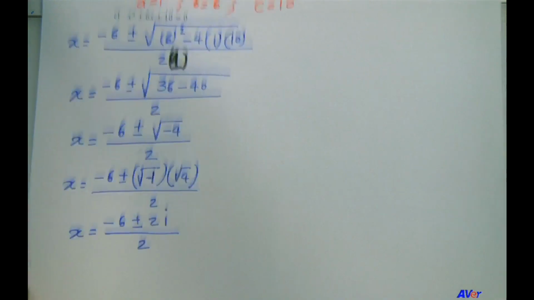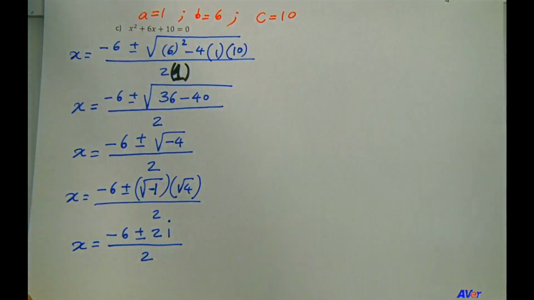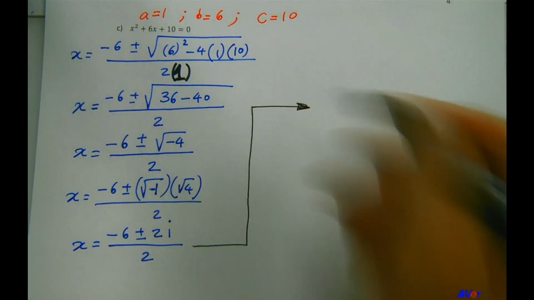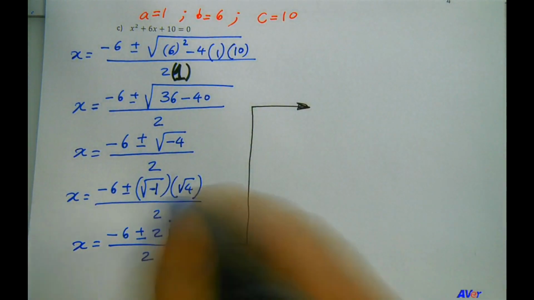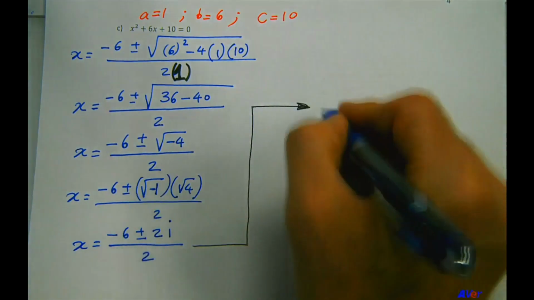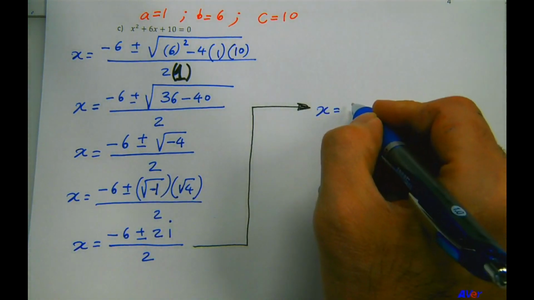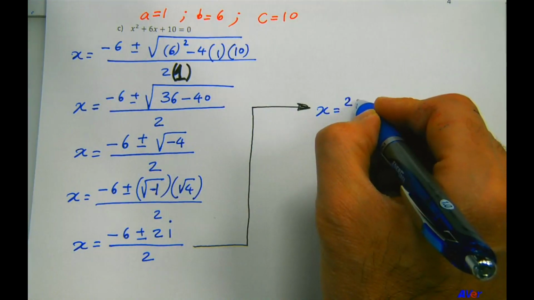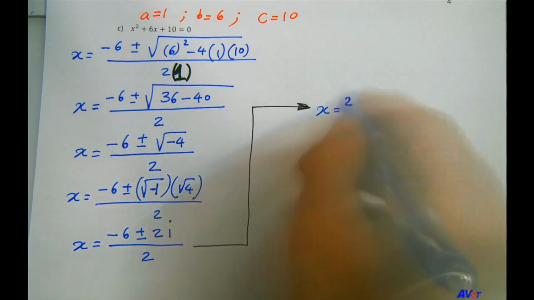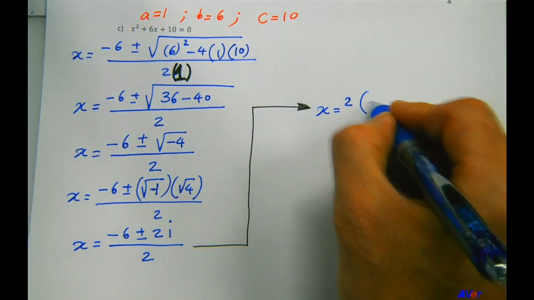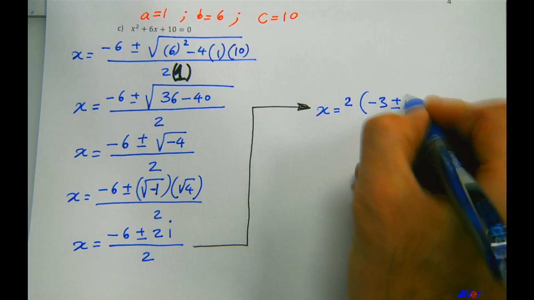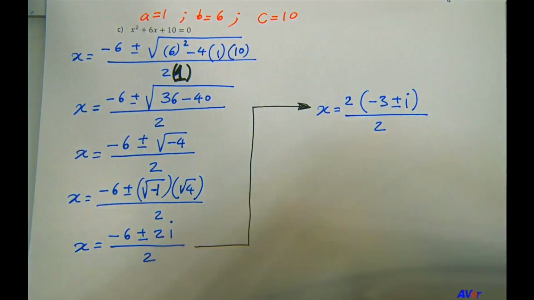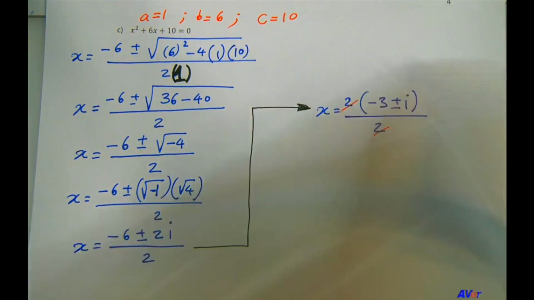Okay. So now let me put the rest of this here. So what do we get? We can factor out the 2 from the numerator. We get x equals 2 times, or let's factor out, well, it makes no difference. Factor out 2, and then we get minus 3 plus or minus i divided by 2, right? Then the 2's cancel out.